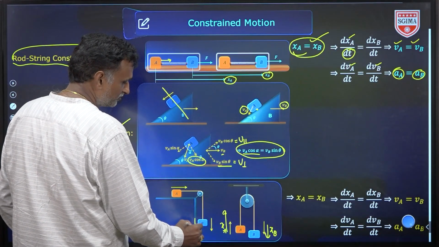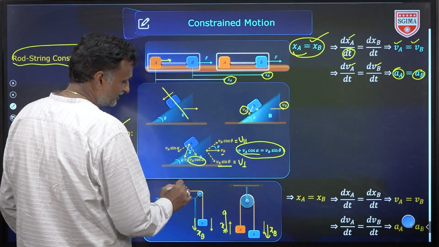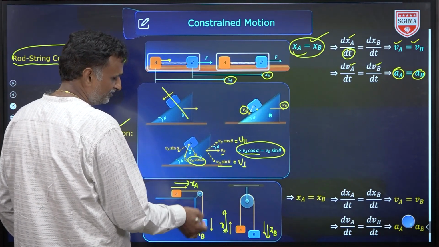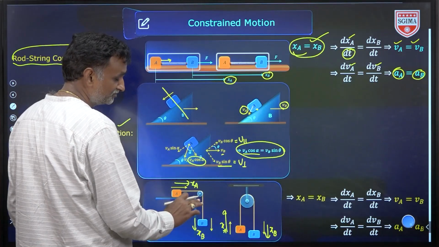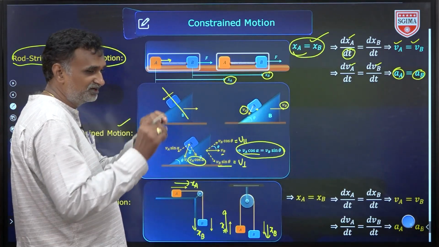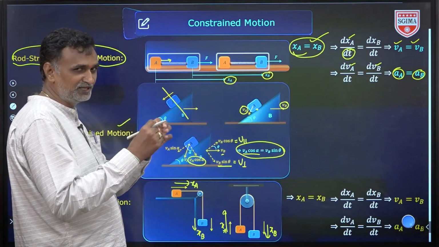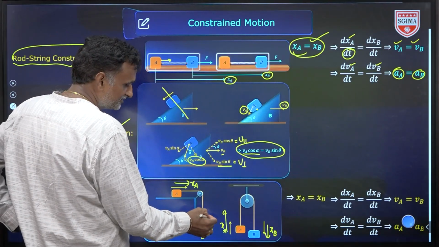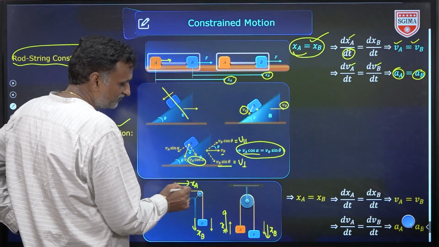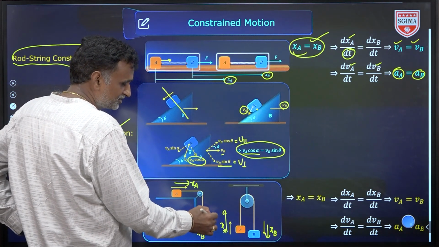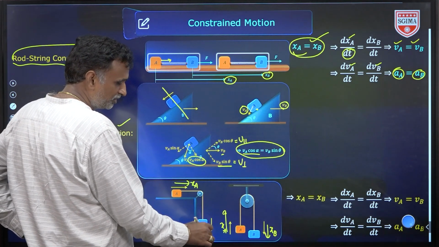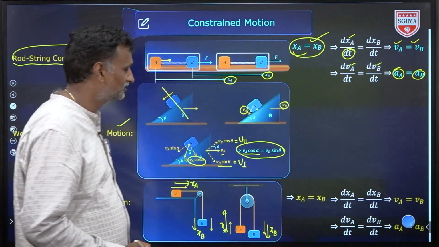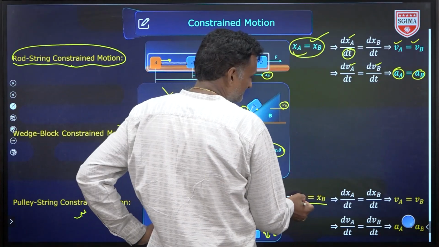If B is moved down by XB, then A is moved forward by XA, and XA equals XB because the string will be in the taut position. The string won't slack. The distance through which block B is moved down, the same distance A must move. So XA equals XB here.